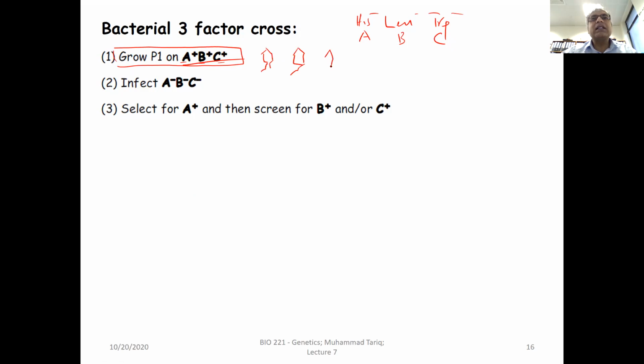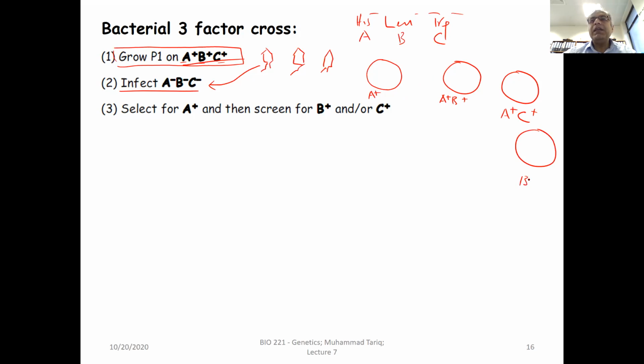These phage particles, you infect A minus, B minus, C minus bacteria, and then after infecting, you screen these bacteria for, let's say, A plus phenotype, A plus B plus, A plus C plus, B plus C plus, A plus B plus C plus phenotypes.